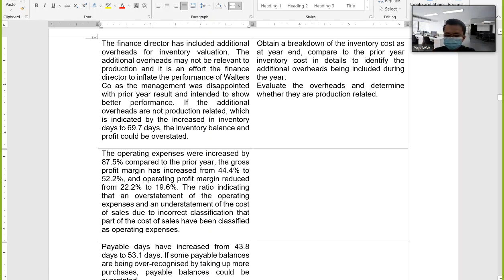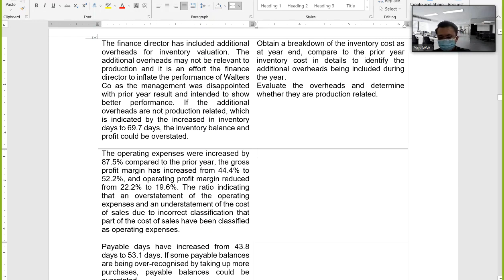So it indicates that you have an understatement of cost of sales. Your cost of sales is too low because of incorrect classification. Some cost of sales is wrongly included in operating expenses. That's why operating expenses increased so much, but cost of sales reduced.